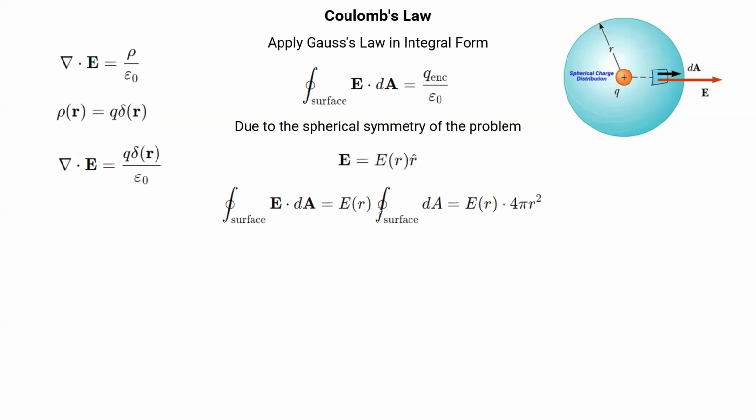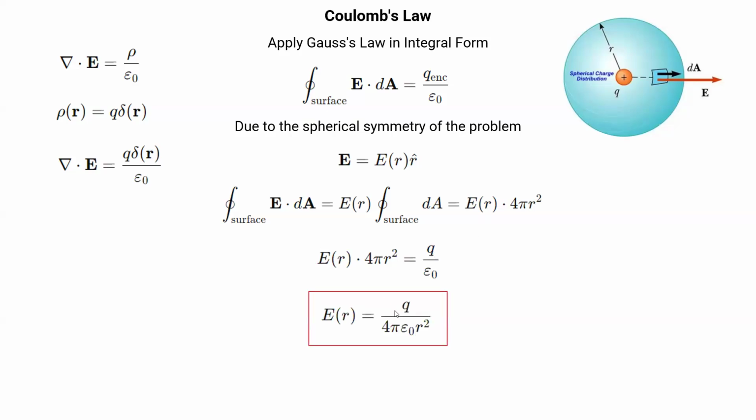I can take this electric field out of the surface integral, and the surface integral over the sphere gives me the area of the sphere, 4 pi r squared. That's it.